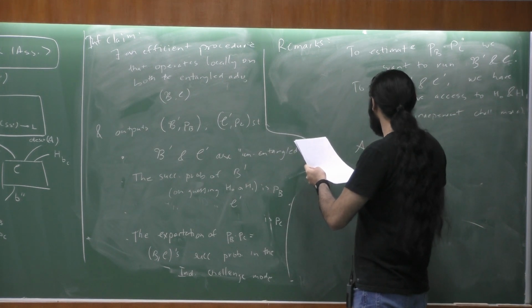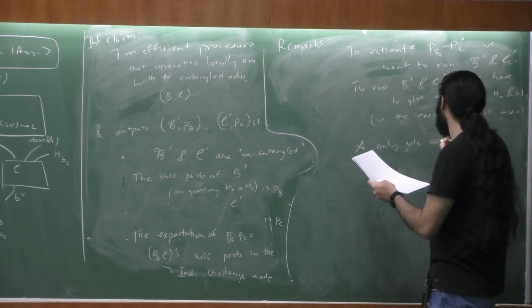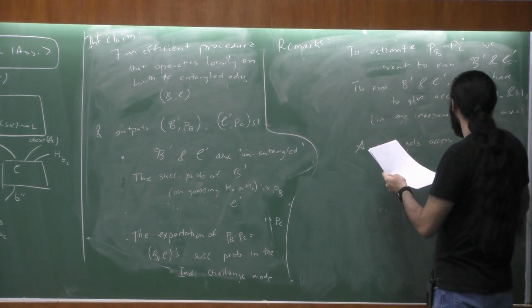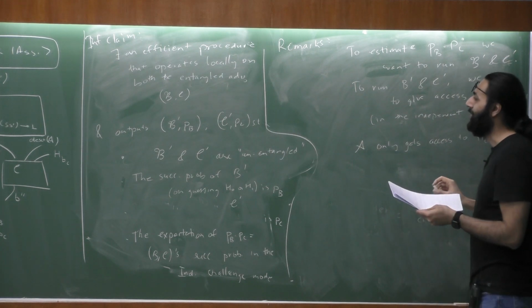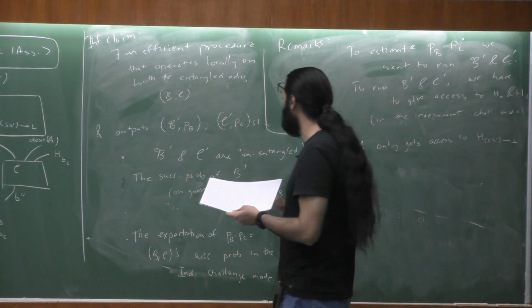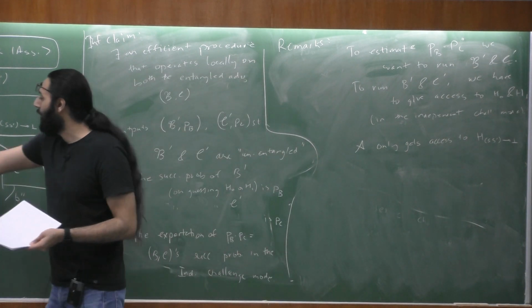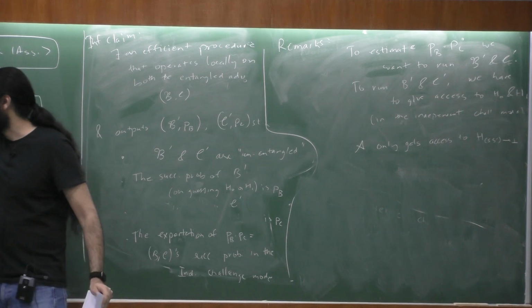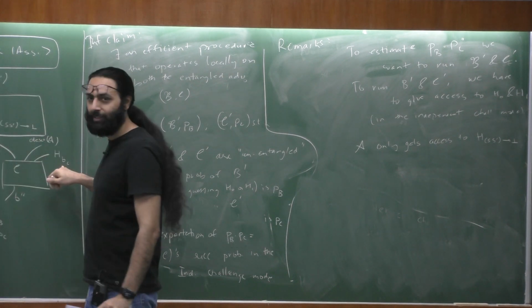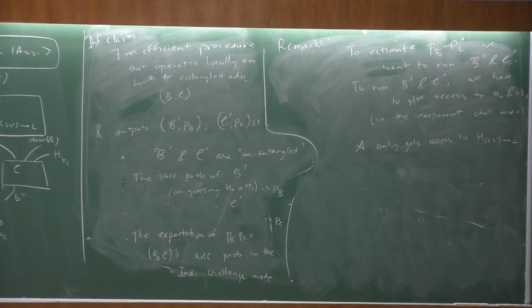And A only gets access to H_{SS' perp}. Okay, so I guess they're trying to show that when you're trying to argue about these oracles, the guarantees hold when the oracle has been modified in some way, but the point is that when you try to create the reduction, you do not know SS' in advance.